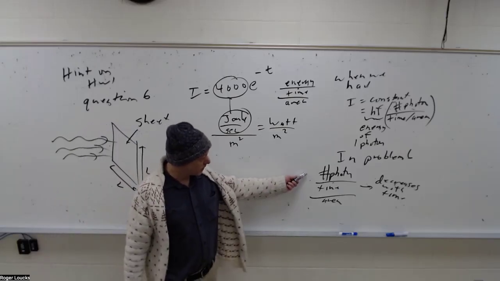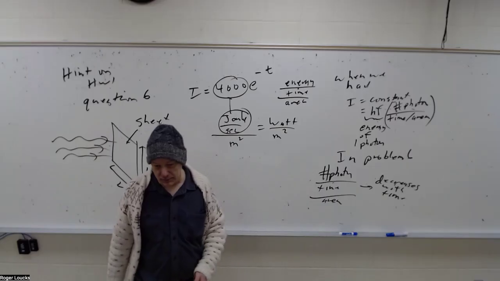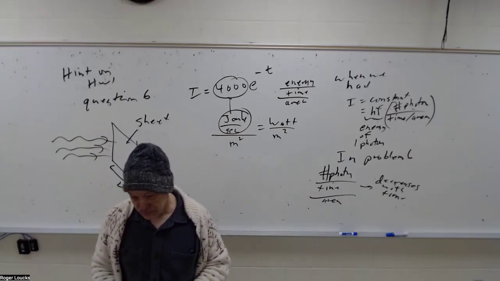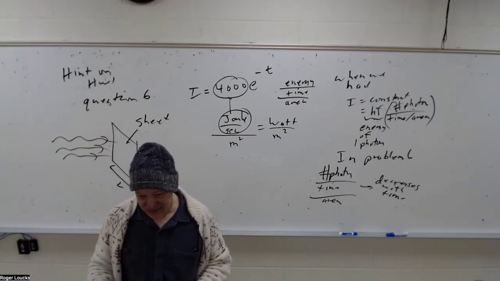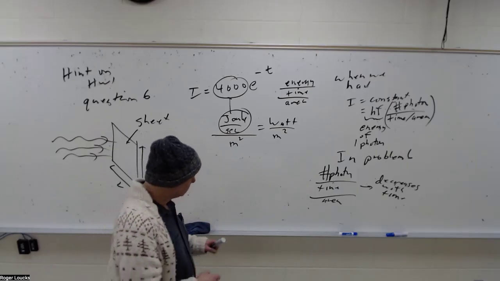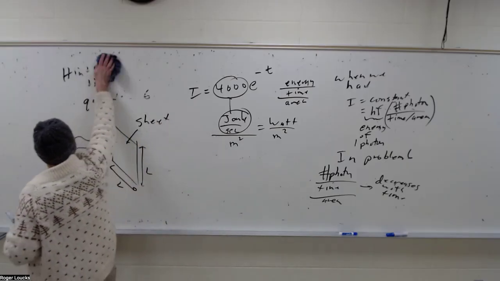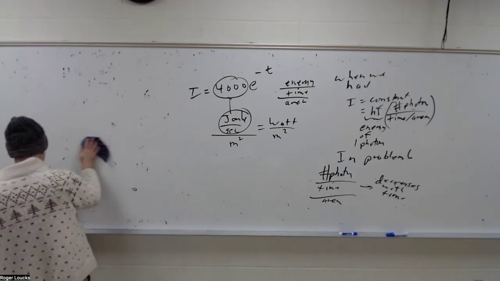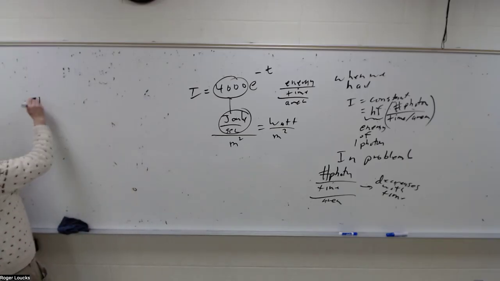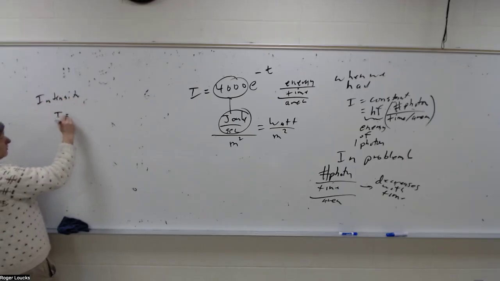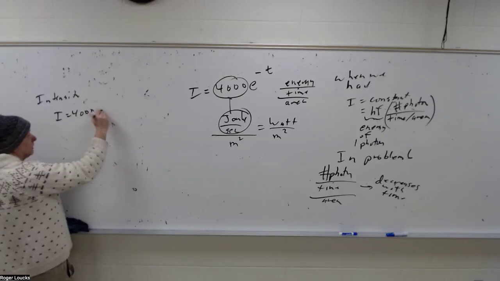What's another way of writing the number of photons per unit time, in terms of calculus? dN/dt, where N is the number of photons. So what I can say is that's your intensity, your 4,000 e to the minus t.